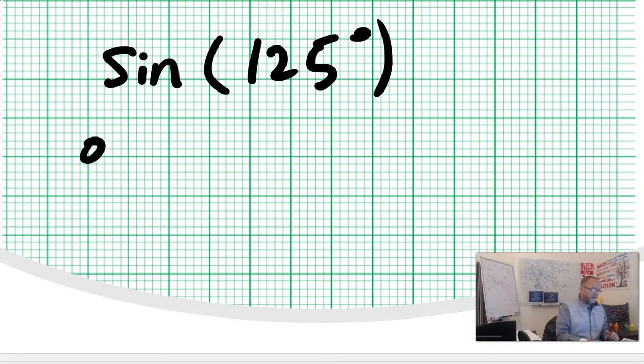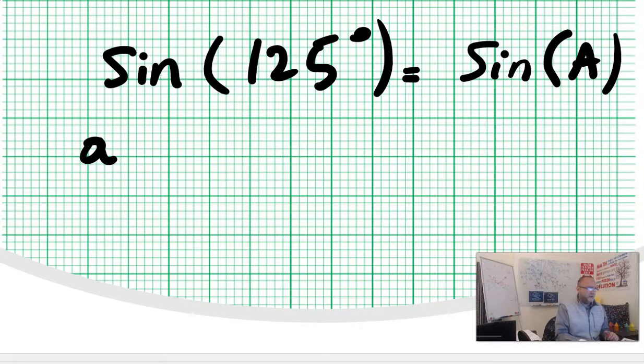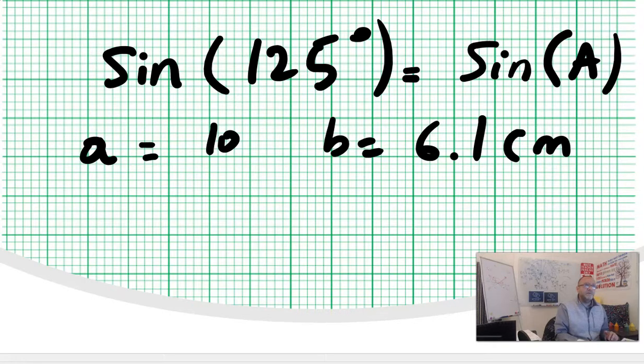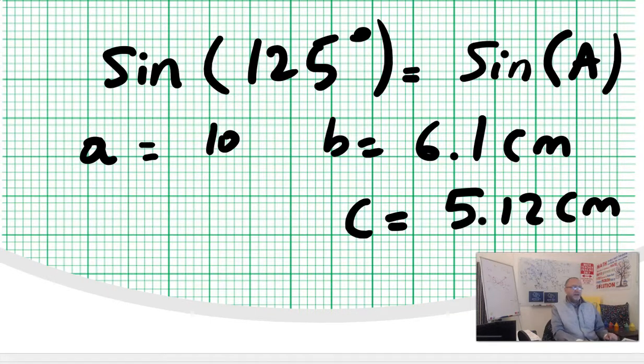The first side is A, or they don't tell you 125 degrees, until you find the sine of this angle A. We put it as A here. Sine of angle A. And you have A side equal 10 centimeters, B side, same thing, let's make it 6.1 centimeters, and C side, what is it going to be, I believe, 5.12 centimeters. So 6.10, 5.12, and 10 centimeters. And they tell you they have the three sides.